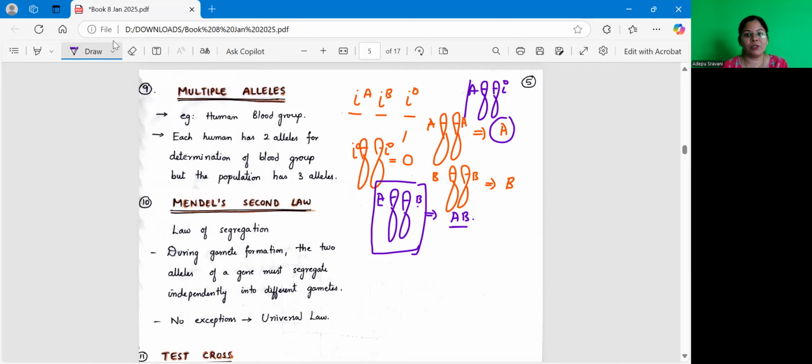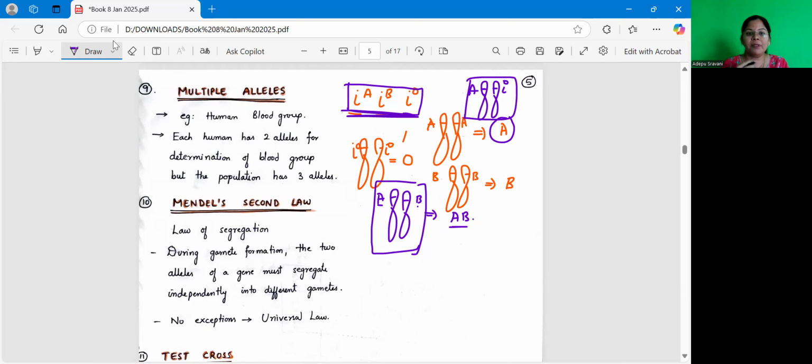So an individual can have only two alleles, but the blood group in humans can be determined by three alleles. What are those three alleles? A, B, and O. Understood? So these are the three alleles by which the blood groups are determined in humans.